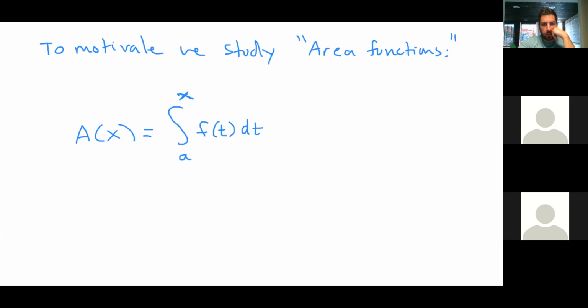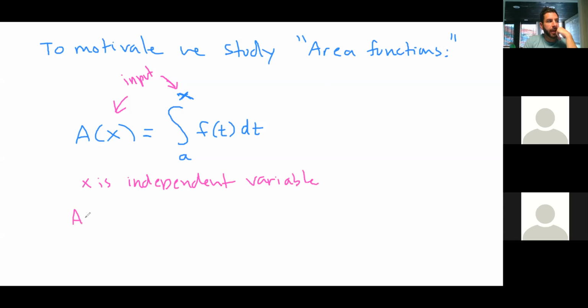So a couple things need to be pointed out about this. This is the input. My independent variable is x. What is A? A is the dependent variable because it depends on x.